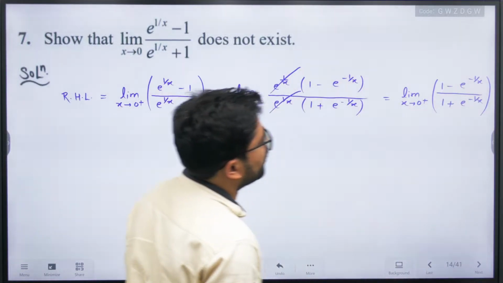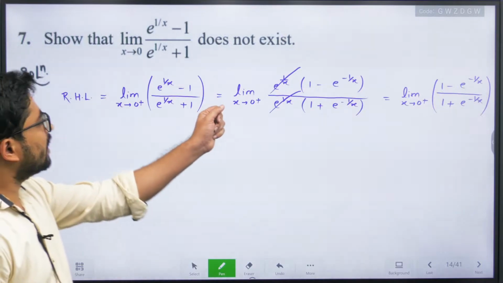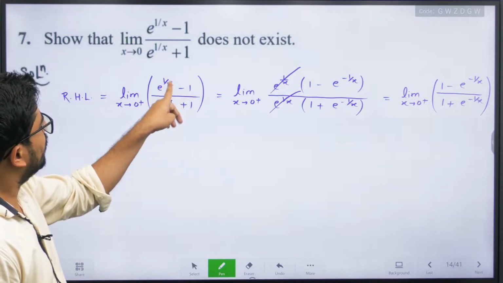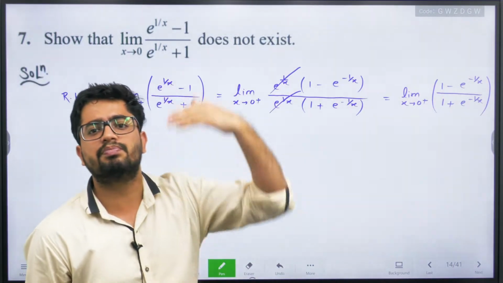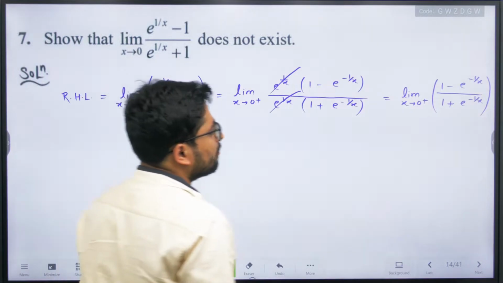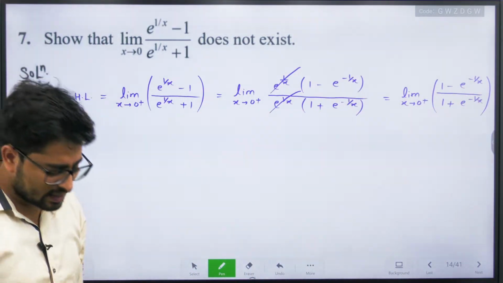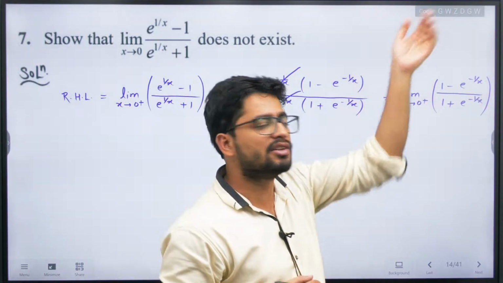Now, x tends to 0 plus, so 1 upon 0 plus is plus infinity, and you have a minus sign already here. So that thing is minus 1 by 0 plus, so that is minus infinity.